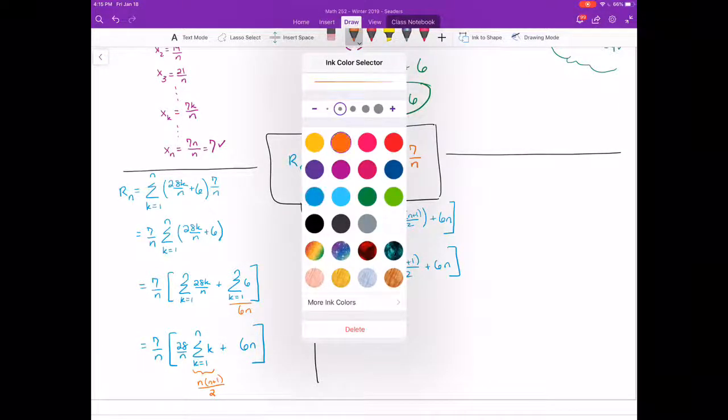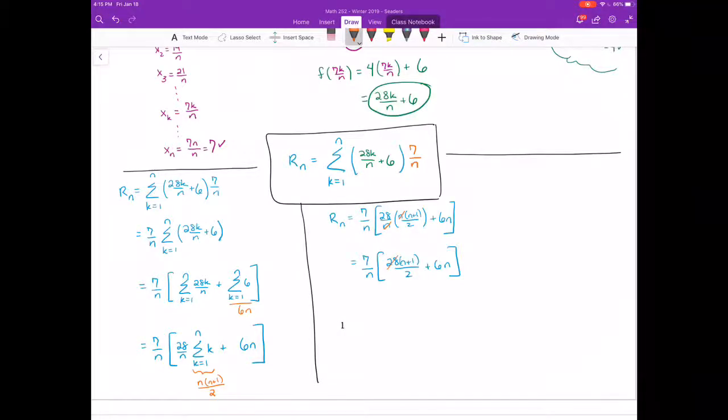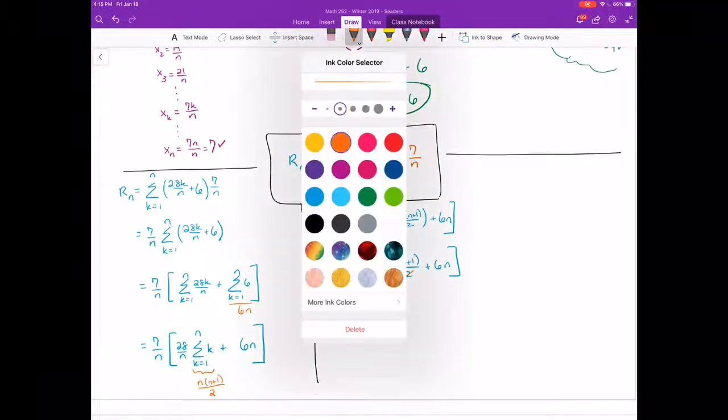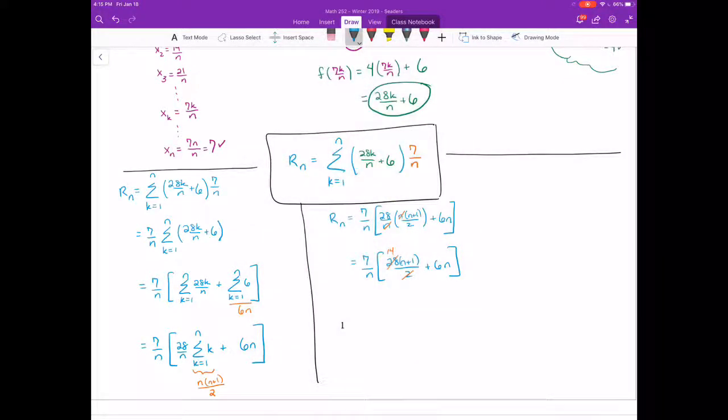I'm going to simplify that 28 over 2 as well. And now I get 7 over n times 14 n plus 14 if I distribute the 14 into the n plus 1. And I still have my plus 6n.